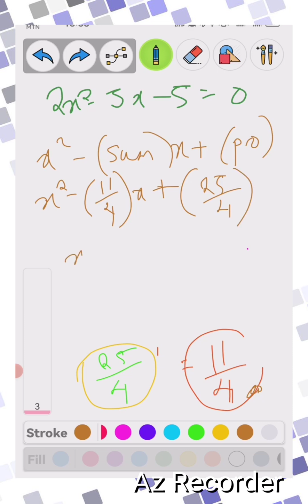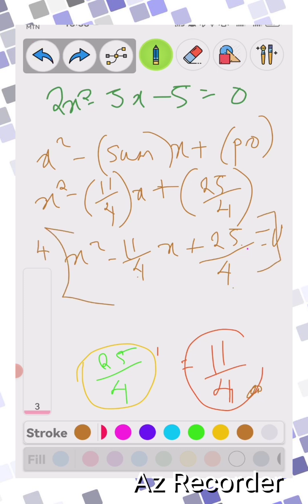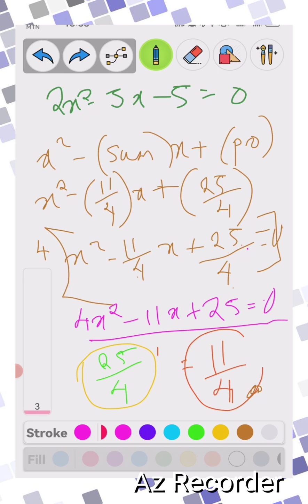So I'm going to say x squared minus 11 over 4 x plus 25 over 4. I can end here and say this is equal to 0, or I can multiply throughout by 4. Once I multiply throughout by 4, the answer should be 4x squared minus 11x plus 25 is equal to 0. So this is my quadratic equation whose roots are alpha squared and beta squared. And we're done.